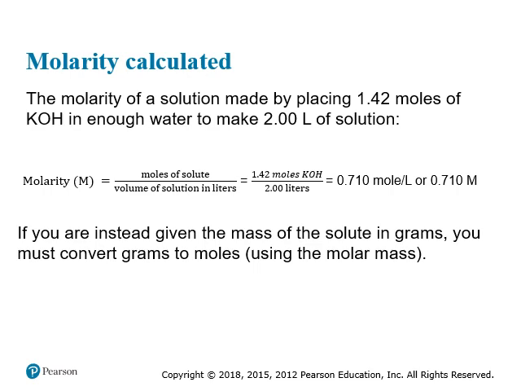So using those values and our equation for molarity, we would determine that we have a solution that would be described as 0.710 moles of solute per liter of solution, or 0.710 molar in concentration.